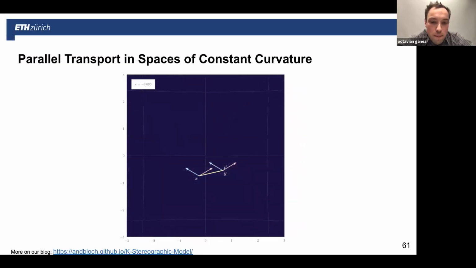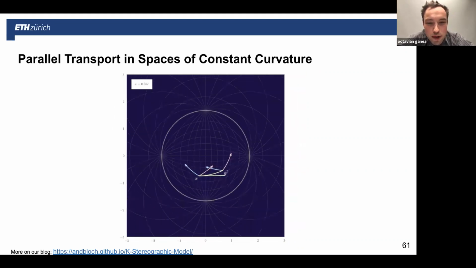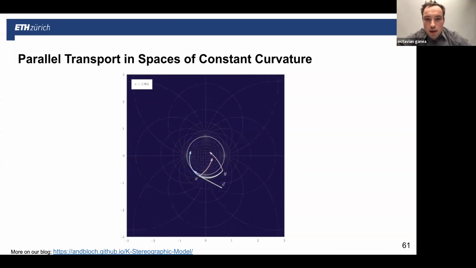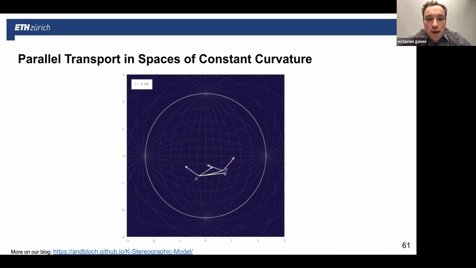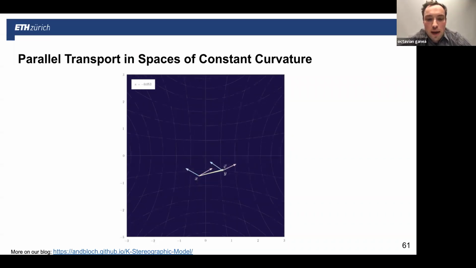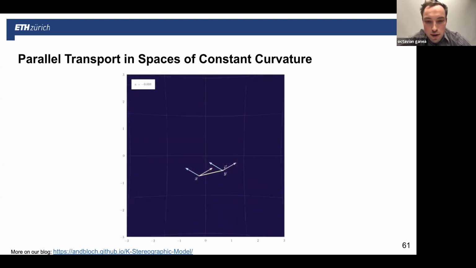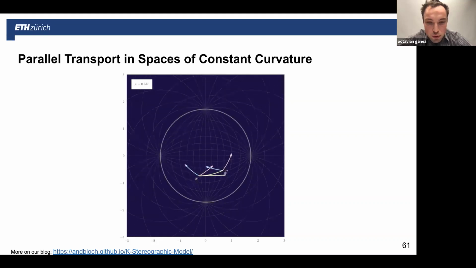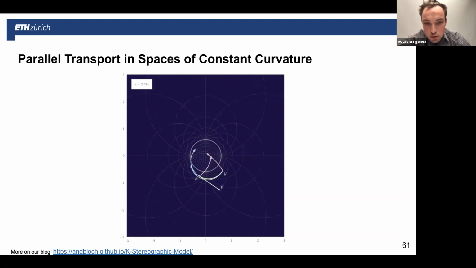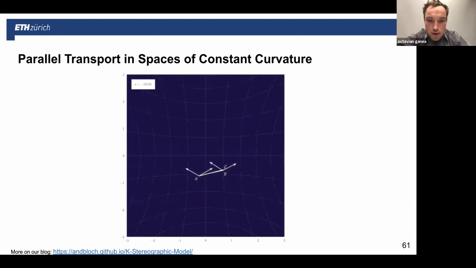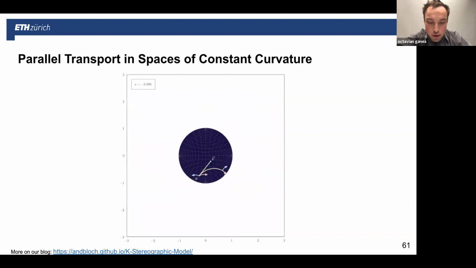I'm going to cover the so-called concept of parallel transport. Parallel transport means we are, let's say, at a point X, and we have a blue vector that goes in any direction, and we want to translate it to a point Y. There is an entire mathematical formalism of how you can do that on a Riemannian manifold.